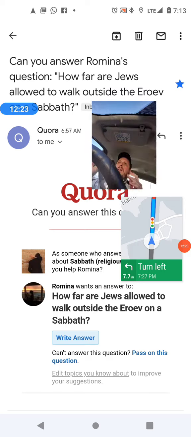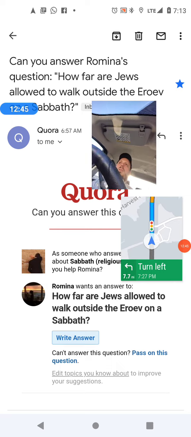You can go 2,000 cubits in the north, south, east, and west outside of this area that's called a city. And if there is an eruv around the city, then the whole eruv area is one city, even if there are more than 70 cubits between the houses, because it's all within one private domain, so that is already a city to itself.